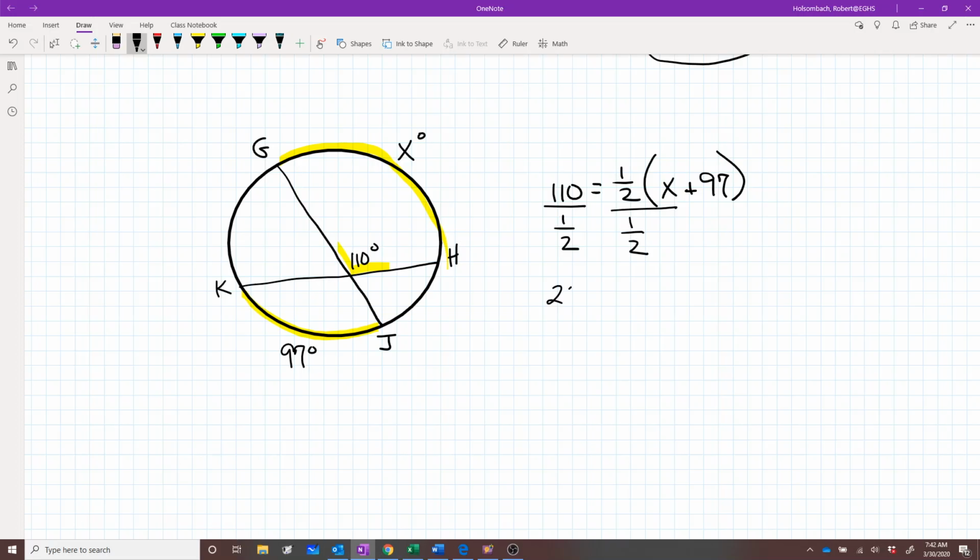So we're going to have 220 equals x plus 97. And if we subtract 97 from each side, then 220 minus 97, 123 is equal to x.